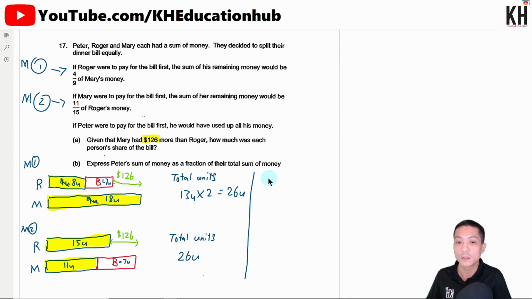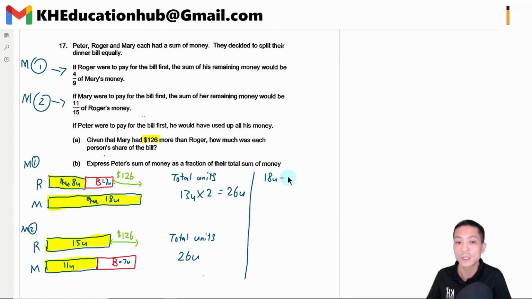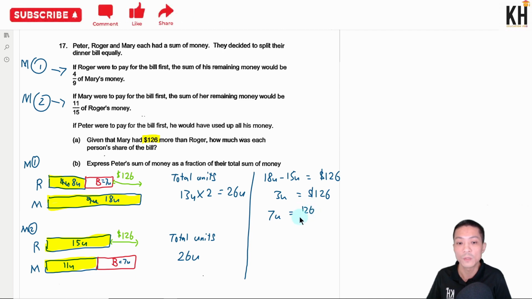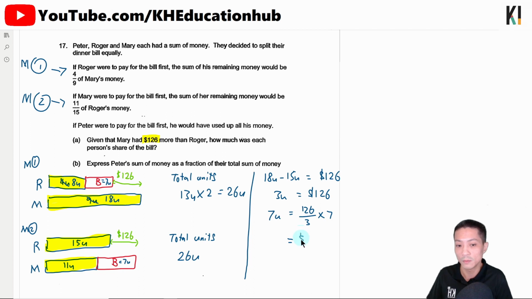Okay, so 18 units minus 15 units is equal to $126. Okay, 3 units is equal to 126. Straight away I can find 7 units: 126 divided by 3 times 7 equals 294.